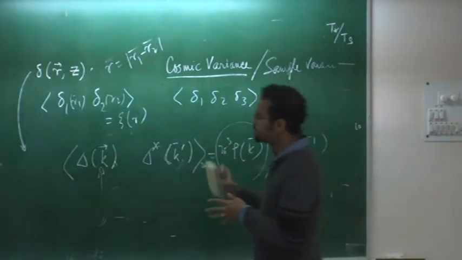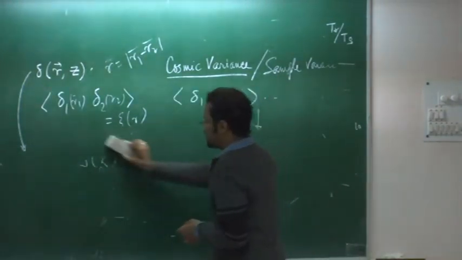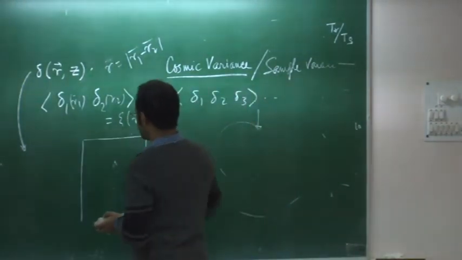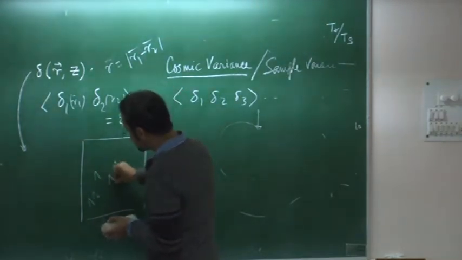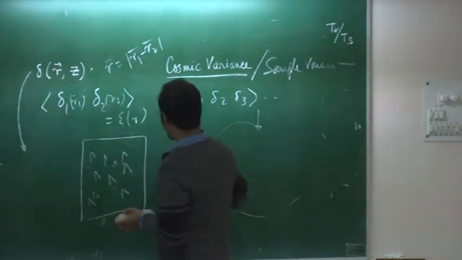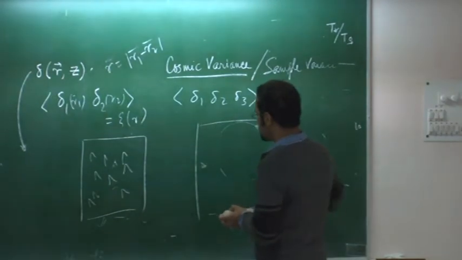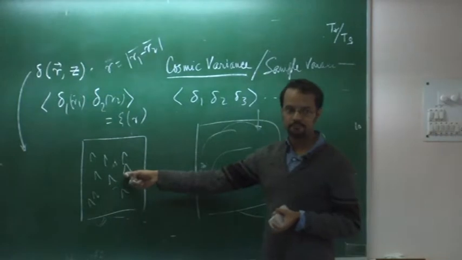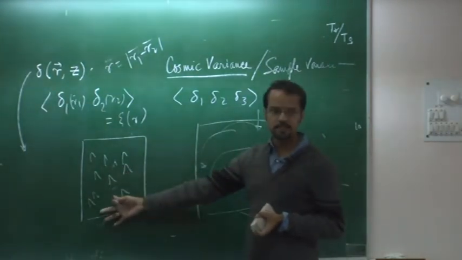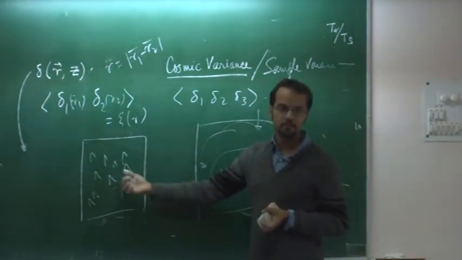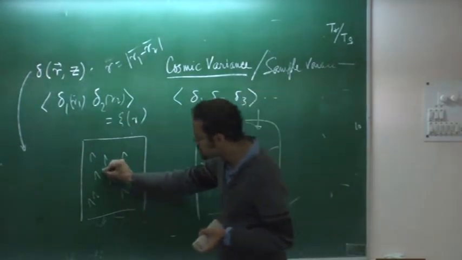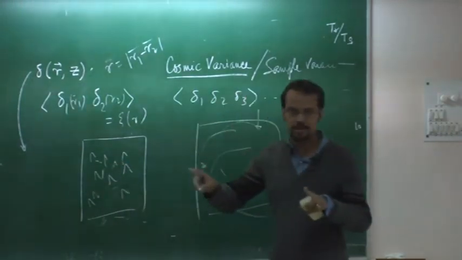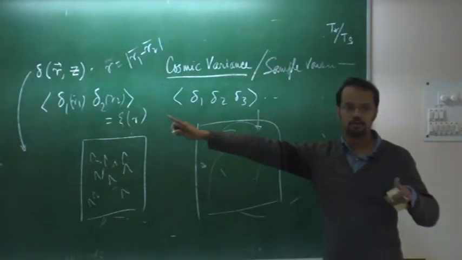So if you have, for example, two density fields, one has little spikes like this, and another has big mounds like this. Clearly, if you calculate the power spectrum of the spiky density field, it would have more power on small scales, because the fluctuations are on small scales. Here the fluctuations are on a large scale.